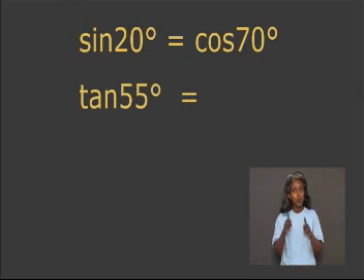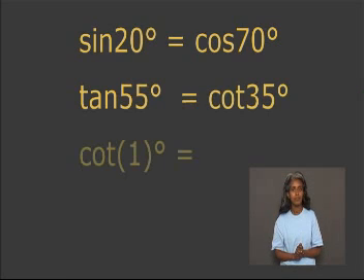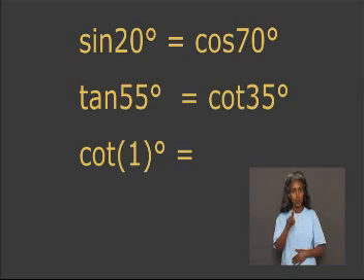When we solve the second question in the same way, it gives us an answer of 35 degrees. The third question may look more tricky, but we can actually solve it in just the same way. The answer is 89 degrees. If that was your answer, well done.